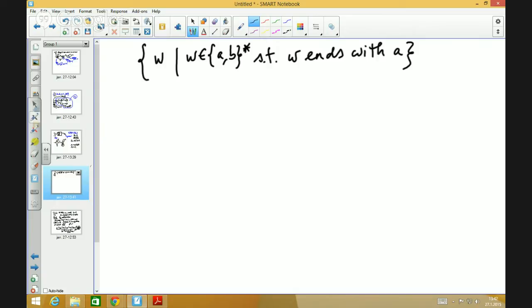A DFA cannot do that. An NFA can, using the power of magic.